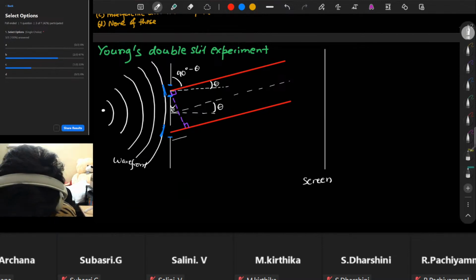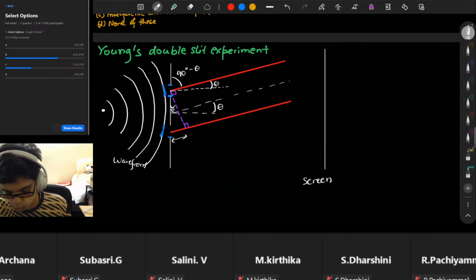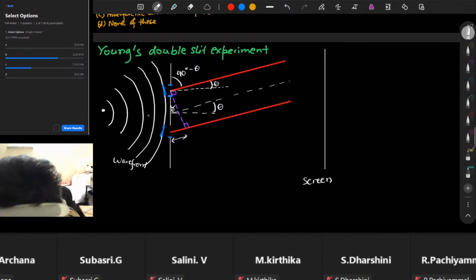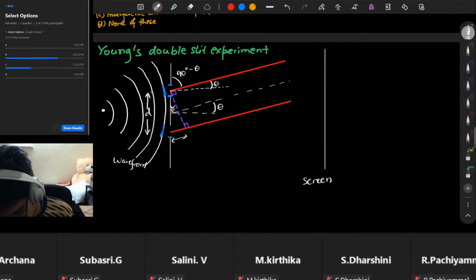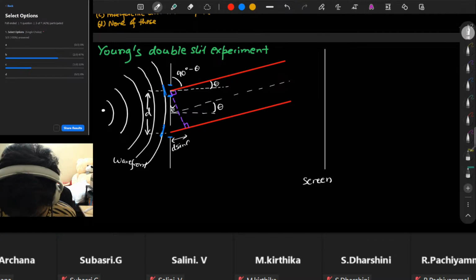And this is my path difference between the two rays. And if this is my distance between the slits, the distance between the slits is d, then this thing is d sine theta.